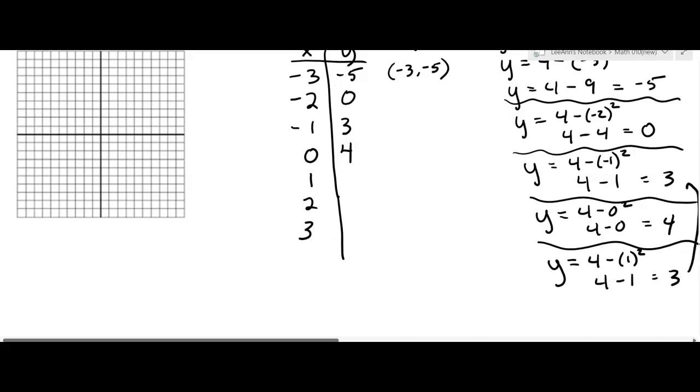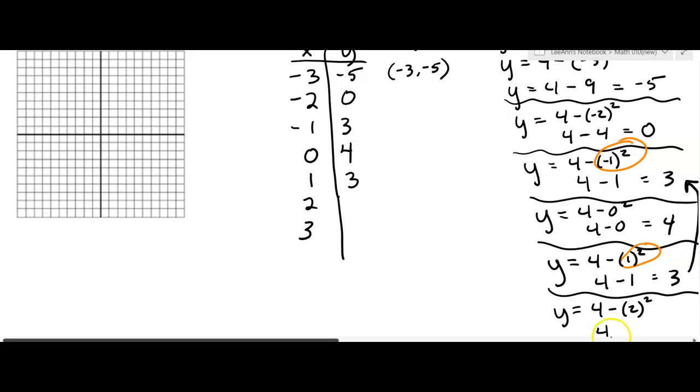Now notice that's the same as what we got here. That should make some sense to us because when you square a -1, that's the same as squaring a +1, right? So we get this repeating value here of 3. Let me put in the 3. All right. And at this point, you might say, oh, well, I think I know what's going to happen next, but we'll write it out.